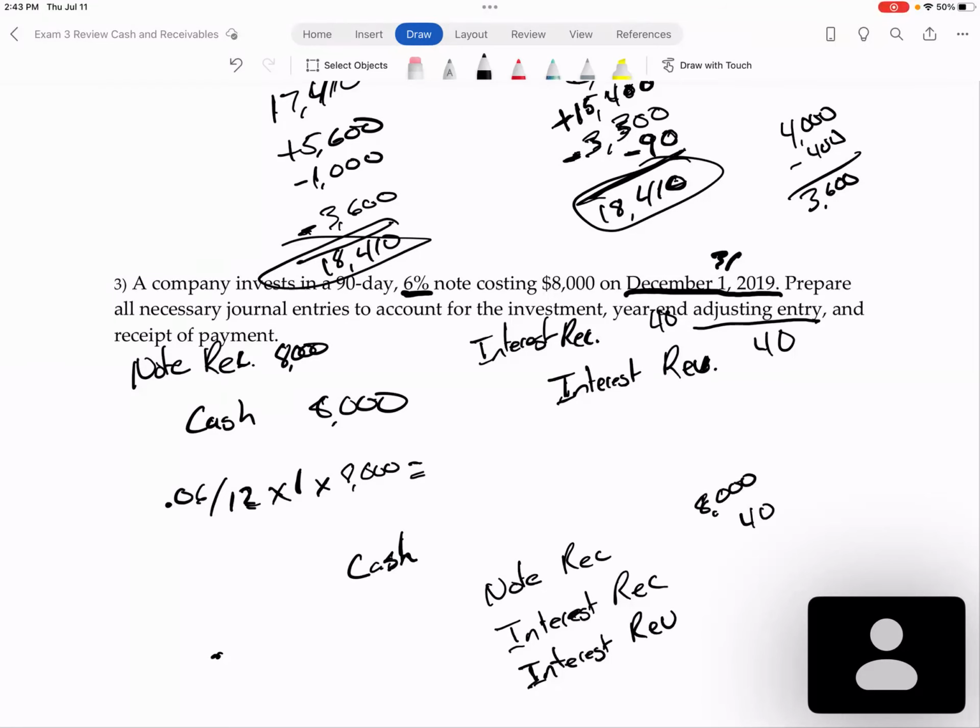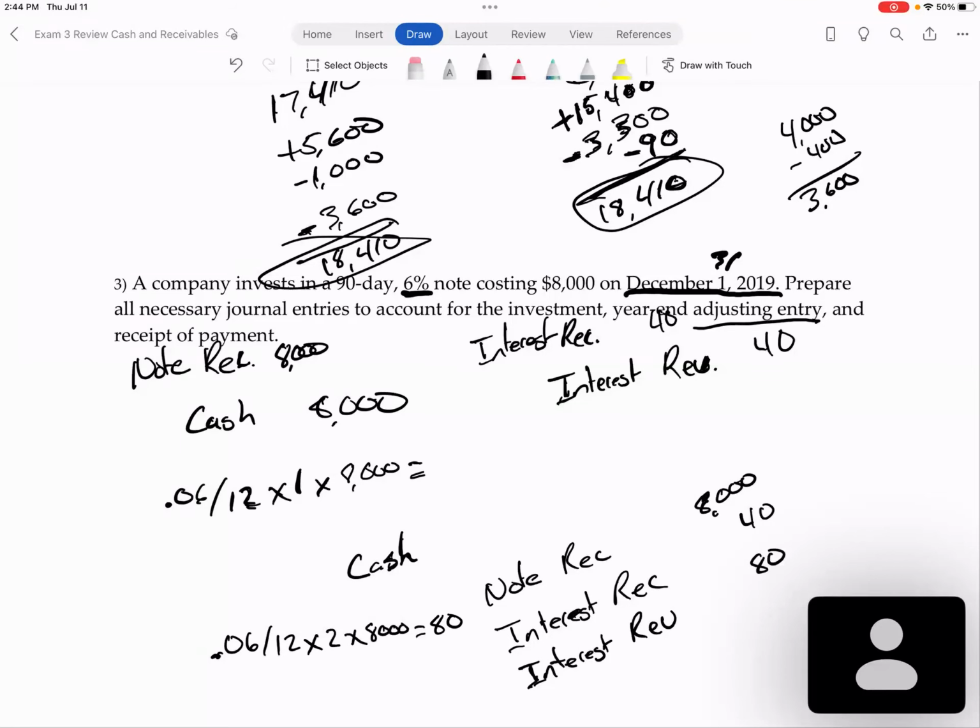So it's really just this calculation here again, but now we're multiplying it by 2 months because 2 months have went by. So my calculation, obviously 80, didn't need to calculate. So that's going to be our interest revenue. Okay.